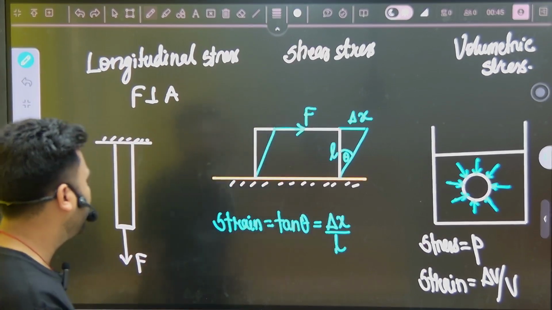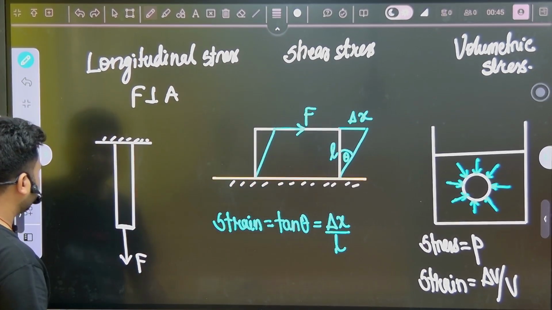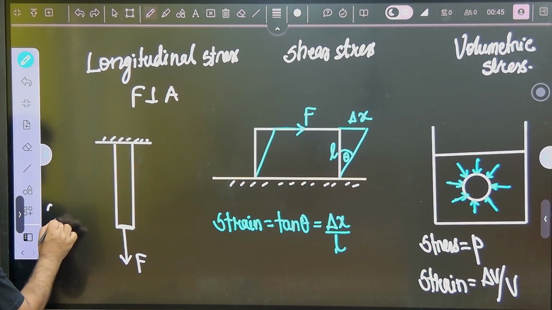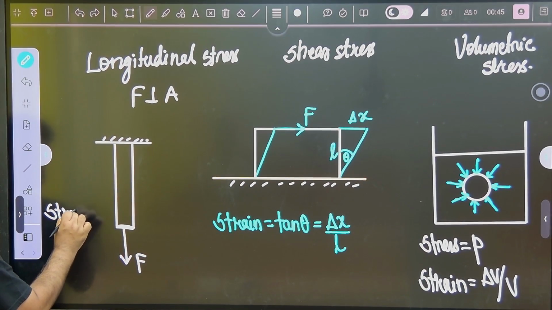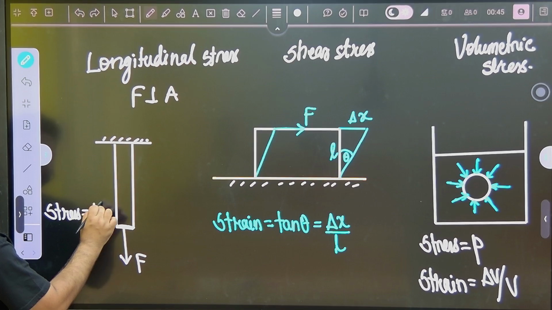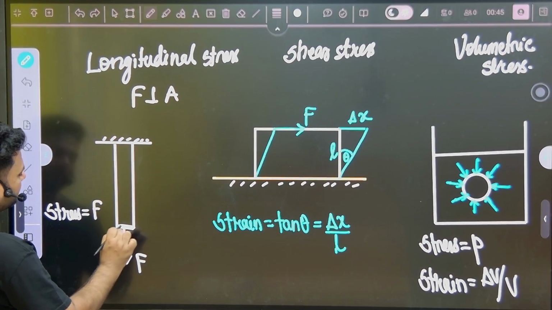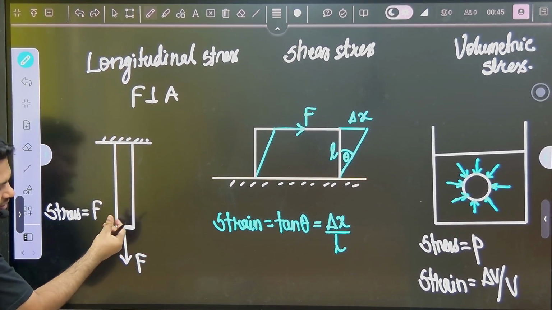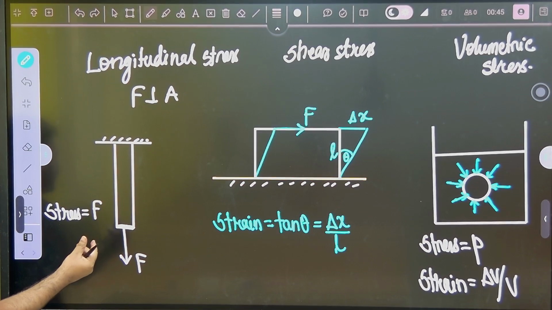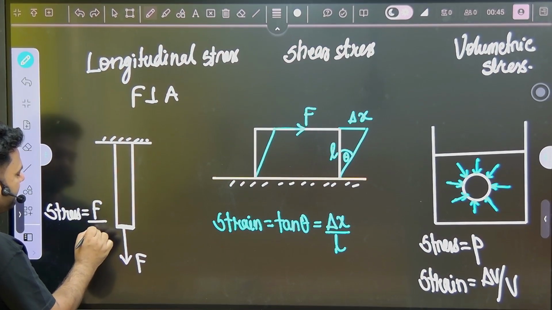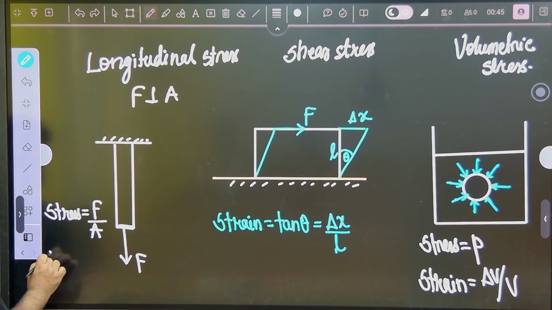So see, all the cases you should understand. Here, what was stress? Force divided by area. If this rod is circular in shape, area will be pi r square. So force divided by area. What was strain?